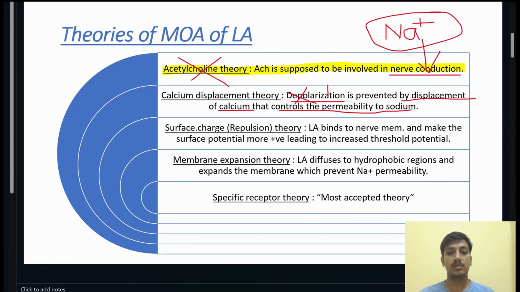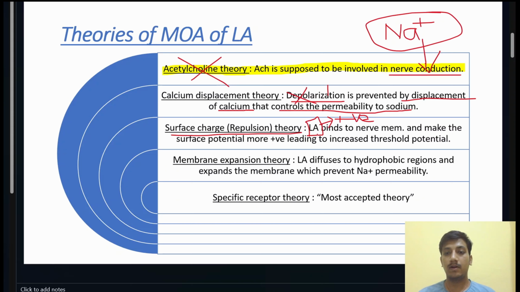Now the next theory is the surface charge repulsion theory. In this theory, when LA is in the tissue spaces, it gets dissociated into ionized and unionized forms.